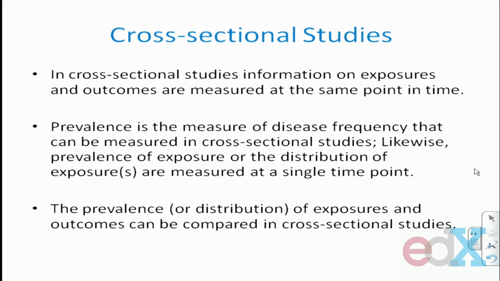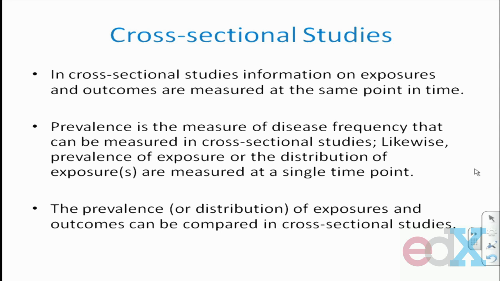They're not looked at longitudinally. We're looking at the measures at that same point in time that we measure the outcomes. This allows us to look cross-sectionally at the same time point at the relationship between exposures and outcomes, or across different characteristics of an individual. So different exposures may be looked at cross-sectionally in terms of their relationship with each other.